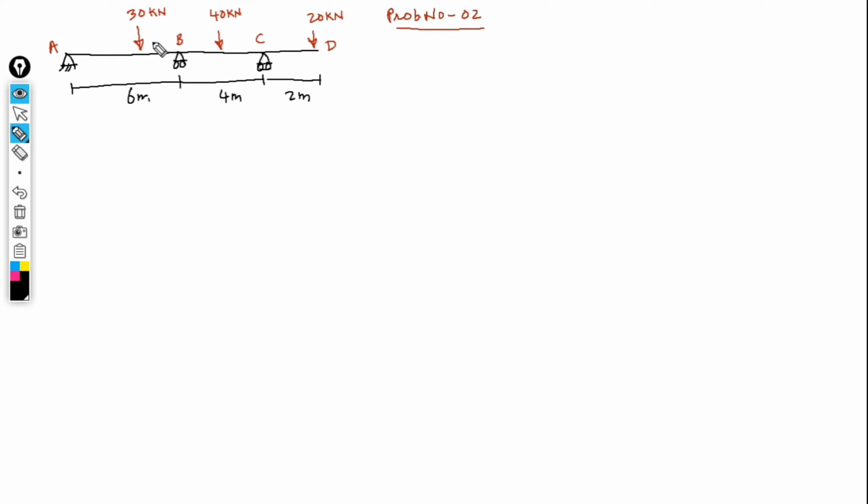This is 2 meter, this is 4 meter. BC is having concentric point load, and this is not considered as a span. So we will draw the free bending moment diagram.